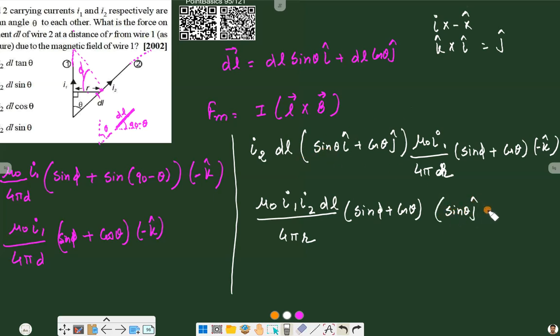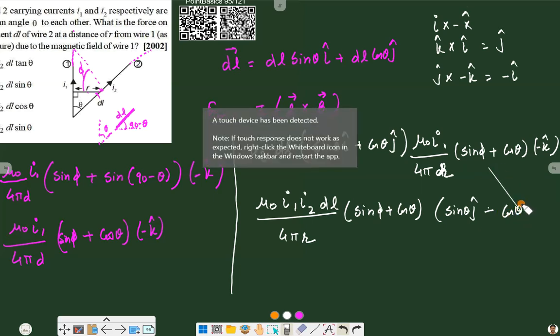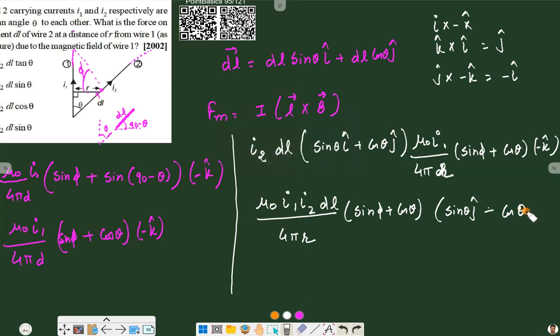Now j cross negative k: j cross k is i, so it will be negative i, and here we'll have cos theta with the negative i sign.